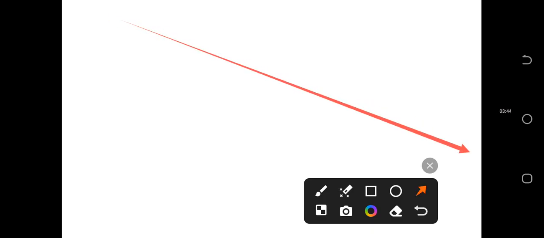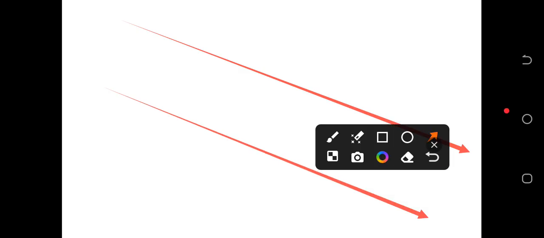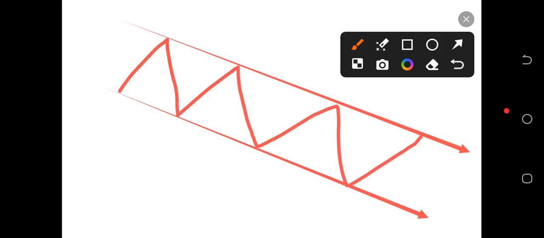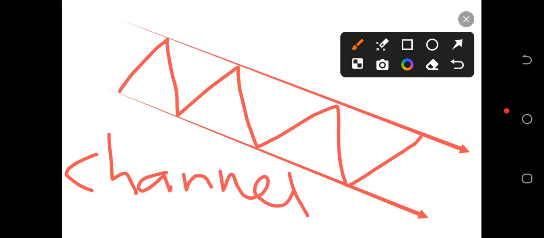If the market is moving downwards like this, just like you see here, and then it is moving like this, that is called a channel. All these are patterns in the market.